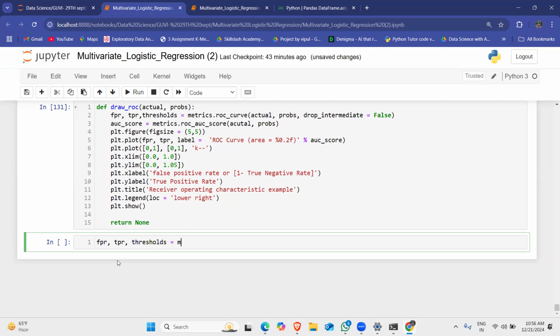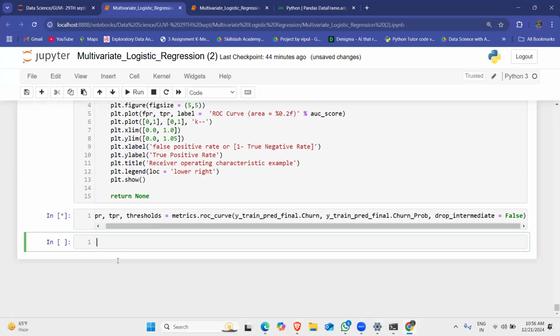thresholds equals metrics.roc_curve between y_train_pred_final.churn, comma, y_train_pred_final.churn_probability, comma, drop_intermediate equals False.